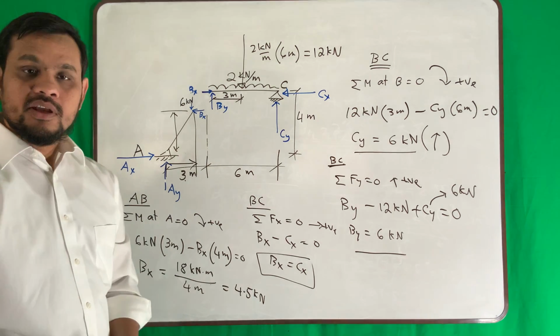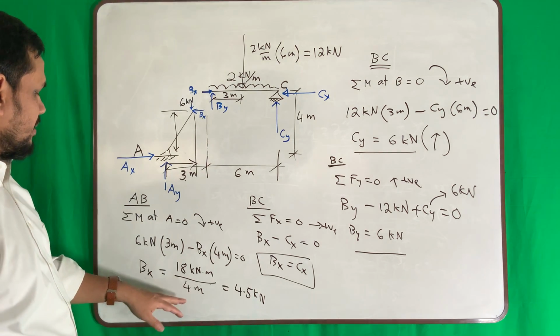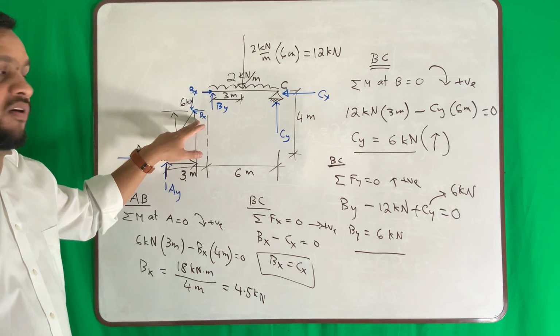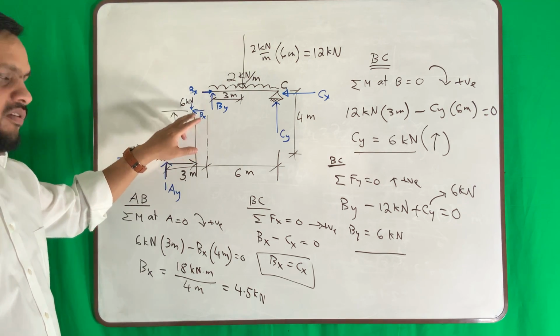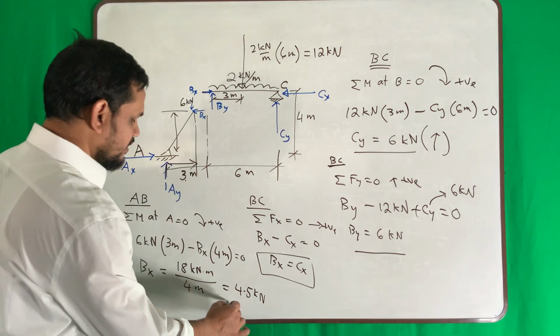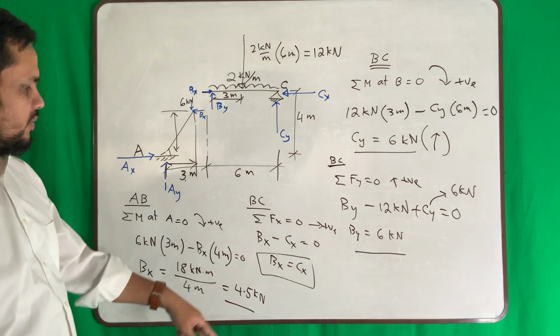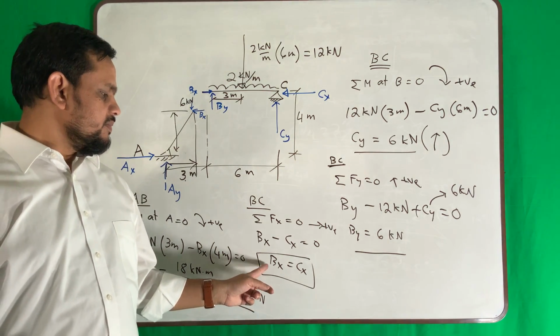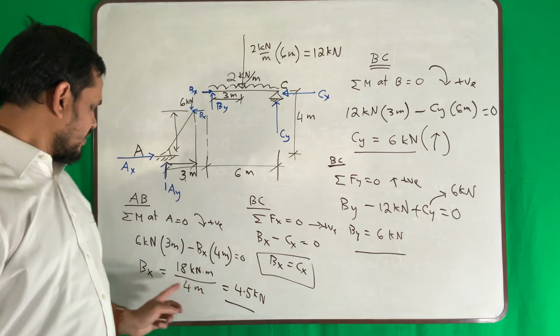kilonewton, and I got a positive number. Positive number, that means whatever my sign convention, whatever the direction I assume, it is right. So I got this one 4.5. You can see here in the past we saw Bx equals Cx. Now I got Bx.